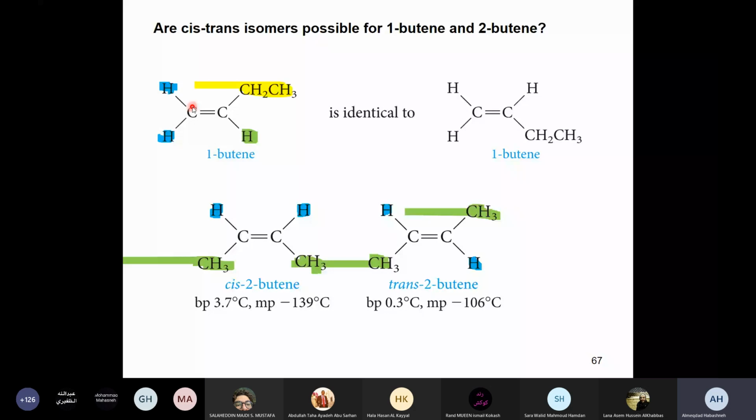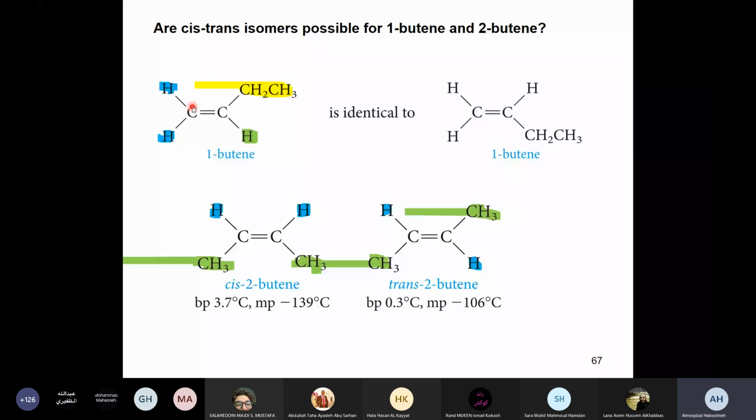But if all the carbons are connected to different groups, so the double bond is a stereogenic center and the compound can have configurational isomers.